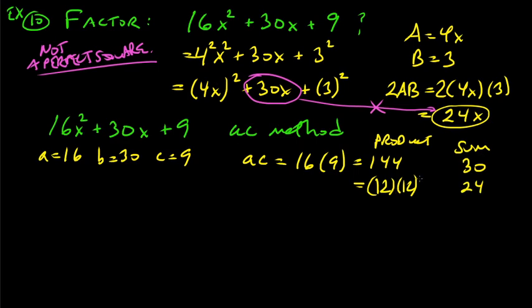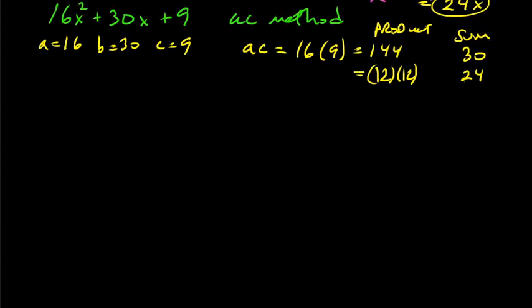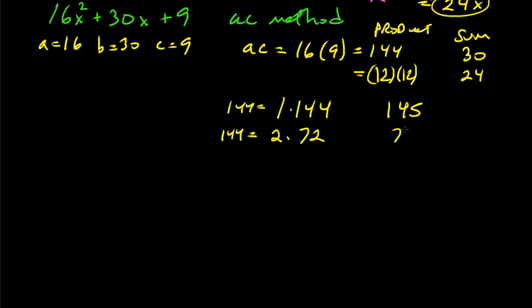Right. So what other two numbers multiply to 144? Oops, sorry. Let's do 1 times 144. The sum is 145, not even close, right? So divide by 2, and I think you're going to get 72 times 2 is 144, right? And 2 plus 72 is 74, which is not 30. So let's move on.